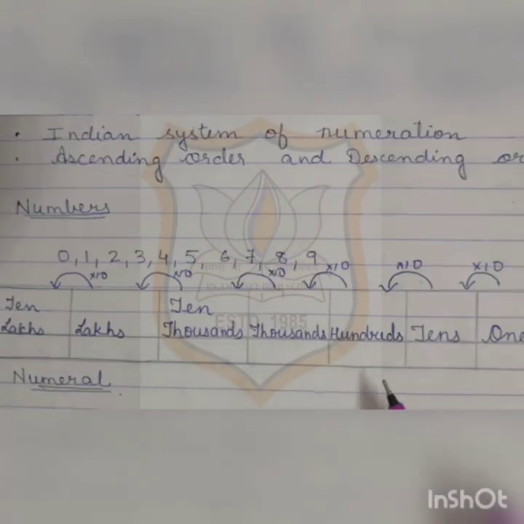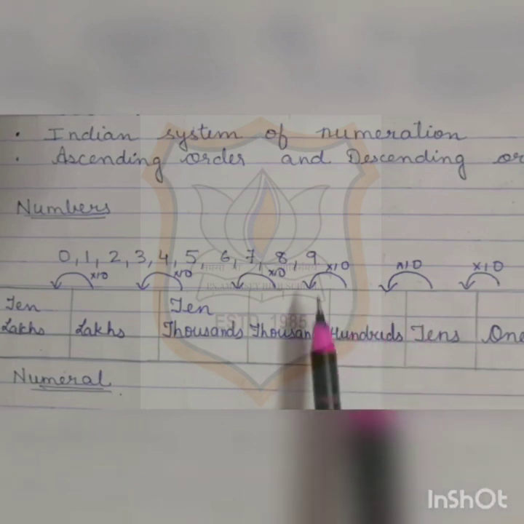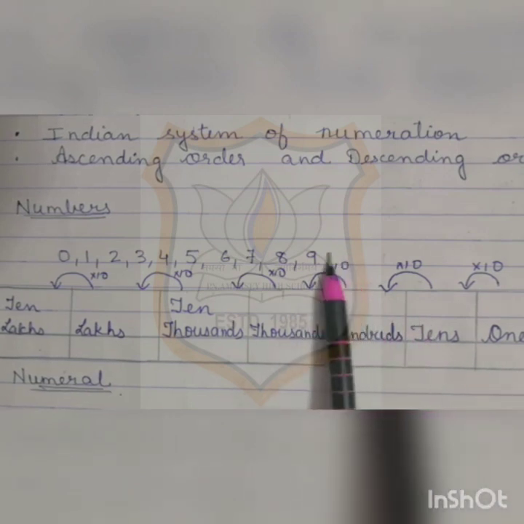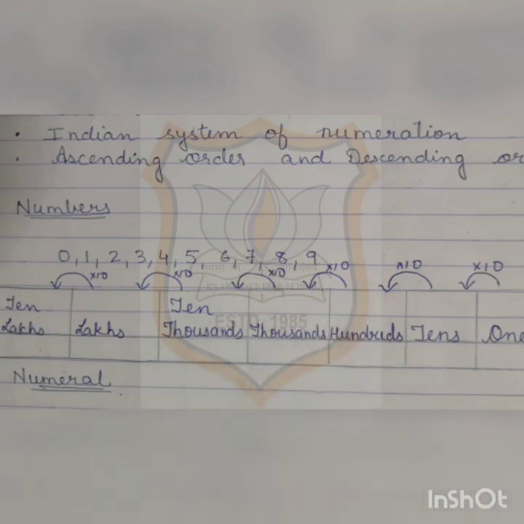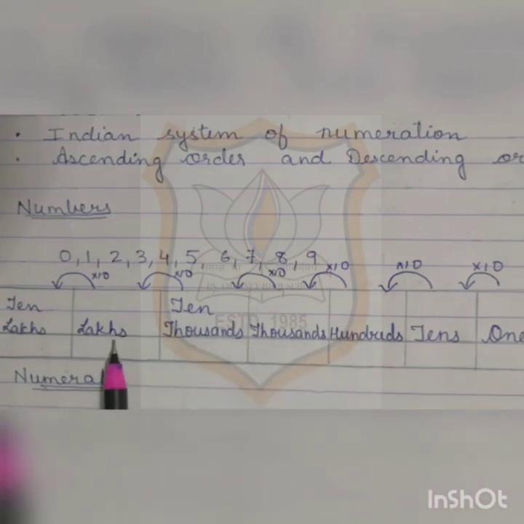Now, if you look at this picture, each place to the left is 10 times greater than the place to its right. We can say that the places towards the left are multiplied by 10. So the place values are read as tens, hundreds, thousands, 10,000s, lakh and 10 lakhs and so on.